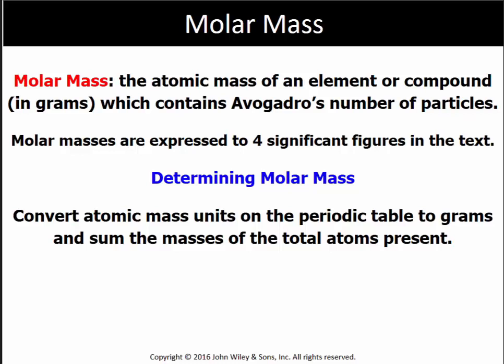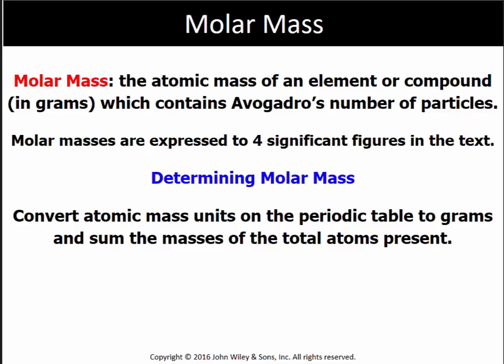For example, if you look at nitrogen, the mass of one individual nitrogen atom is 14.01 AMU. But we don't use AMU in the metric system or in the SI. AMU is not an SI unit. However, you can look at it this way: the mass of 1 mole of nitrogen atoms is 14.01 grams.